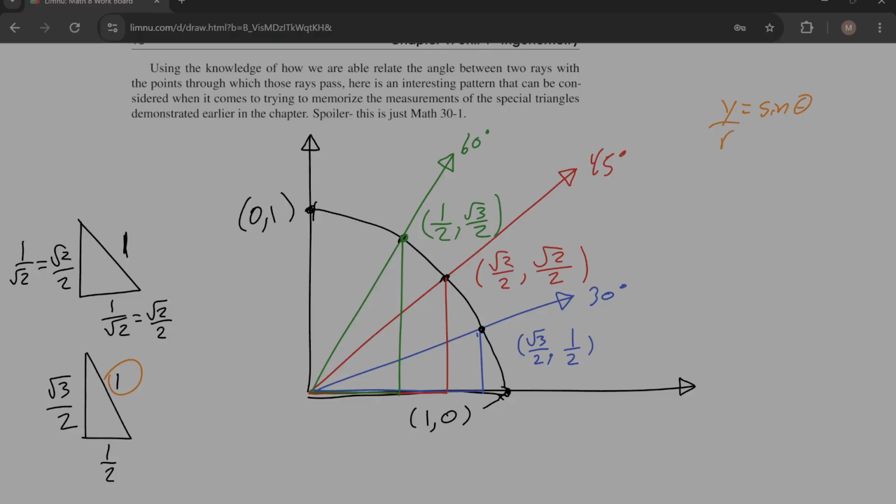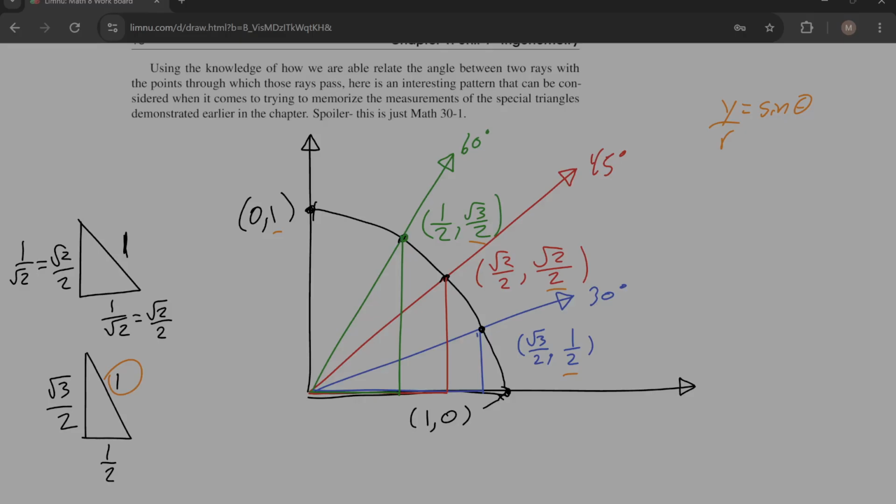Y over r is sine theta. If our radius is just 1, that means sine theta is just y divided by 1. And so for our sine ratio, all I've got to do is take my y value and plug it in.